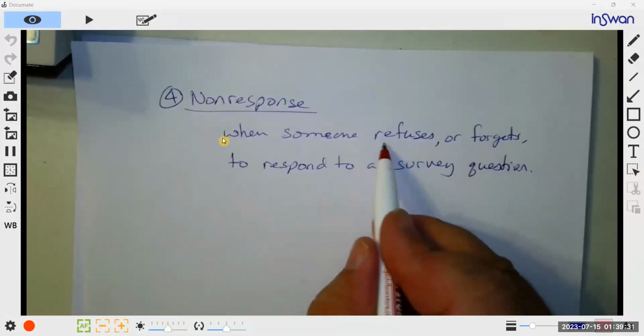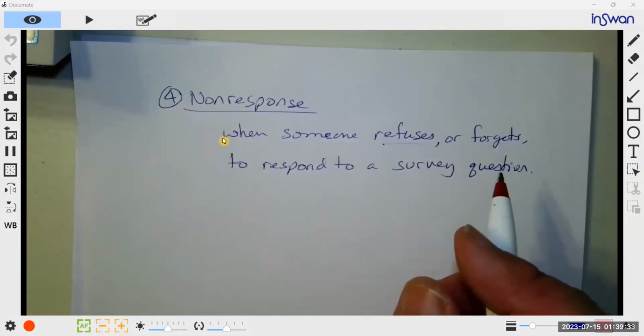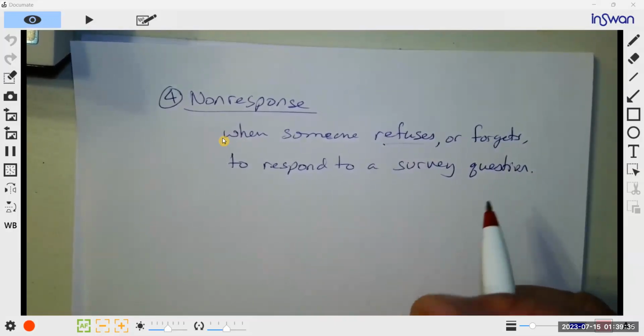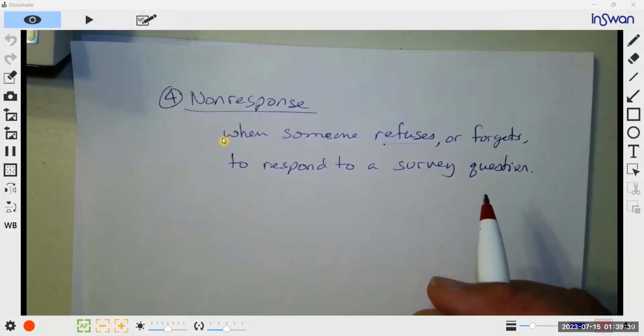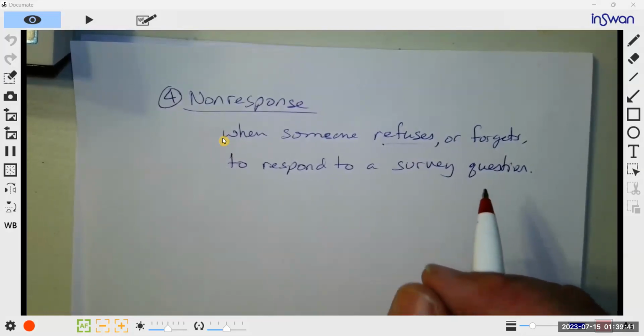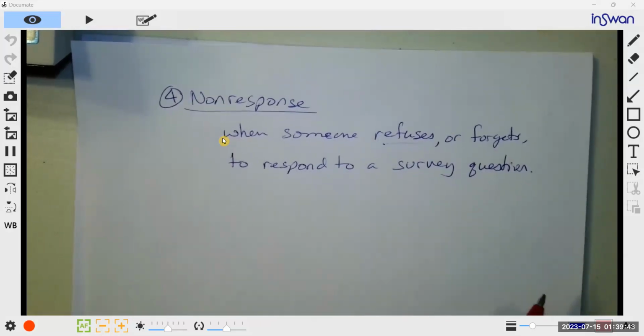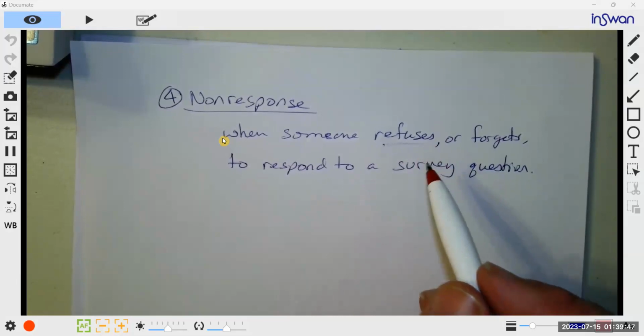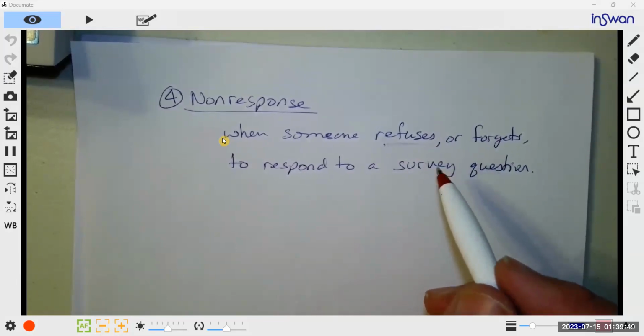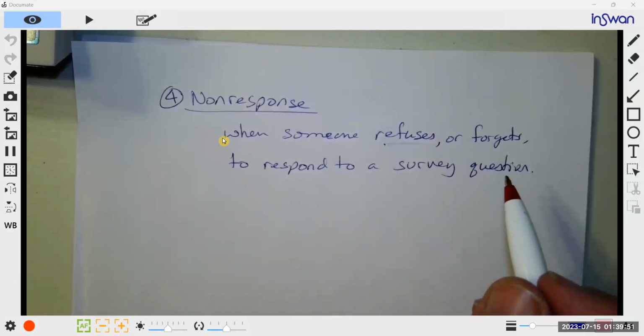For example, they may refuse because it's too personal. For example, have you ever been arrested for drunk driving? Or do you still beat your children? Whatever the example could be. So somebody could refuse to put it in there because they're embarrassed or it's irrelevant. They just don't put it in there.